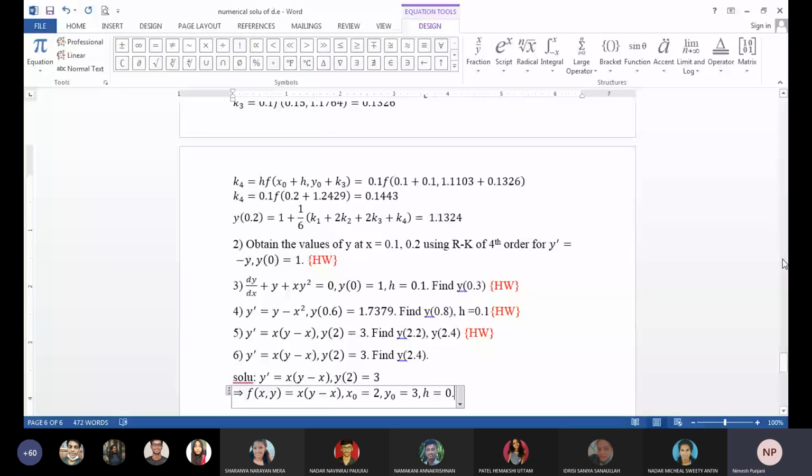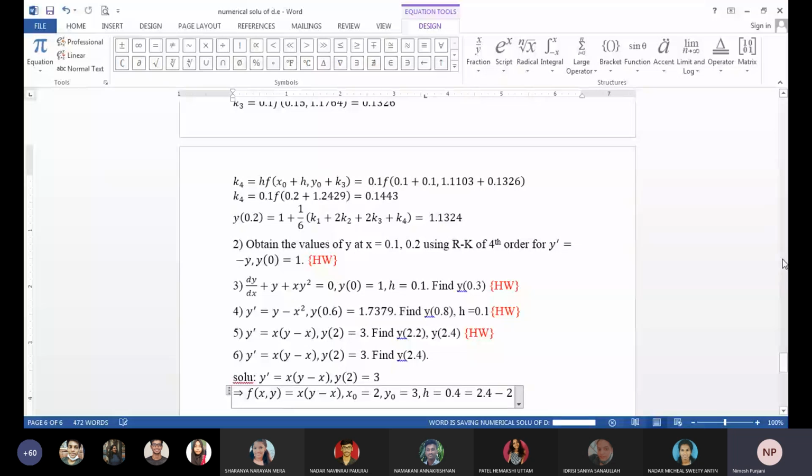Okay. How do you get this 0.4? Can you explain? So x0 is 2 and we want to find 2.4, so I just calculated it. Okay, good. So that is 2.4 minus 2.